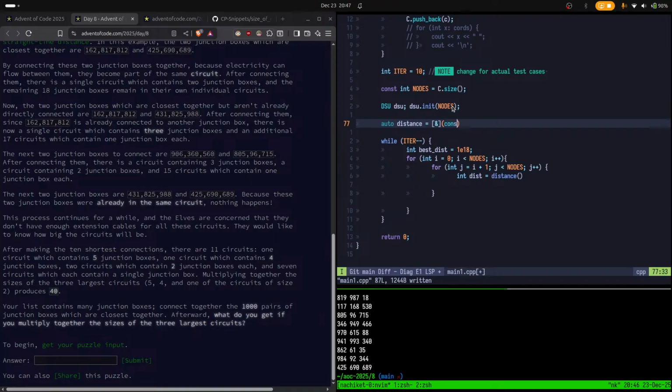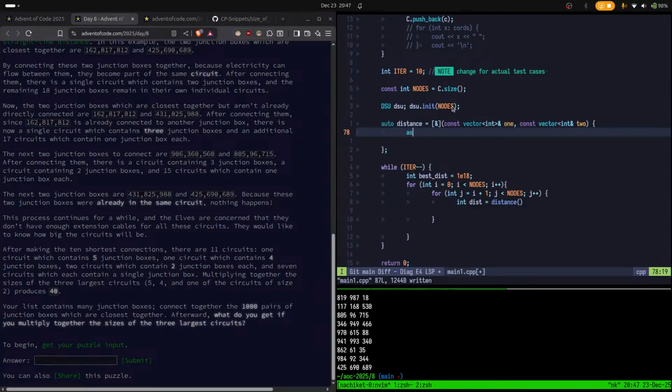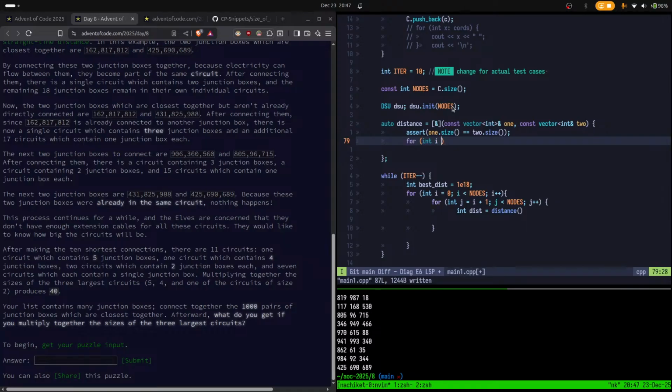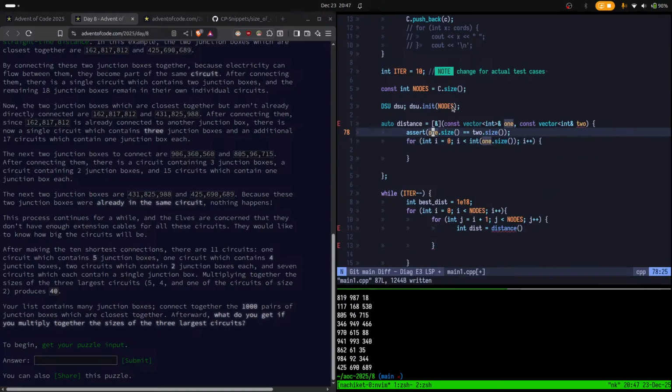This takes in two vectors, and let's also assert that their sizes are the same. And go over the index of one of them. For the distance, I think Manhattan distance should be fine.